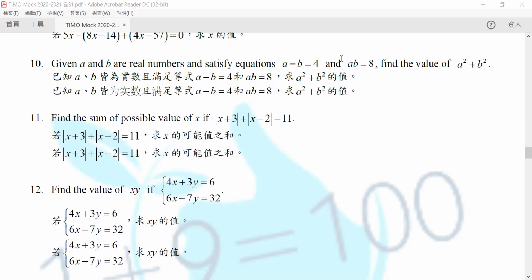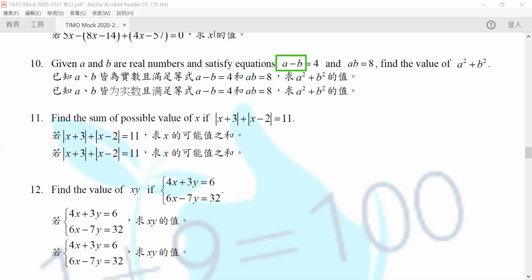Now, the way to do this is we notice that in order for us to get a square, we need to square this. We need to take the square of a minus b, since with a times b we do not get a square, right?